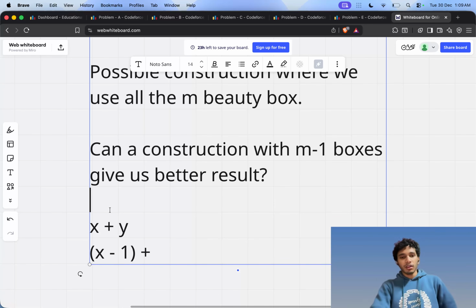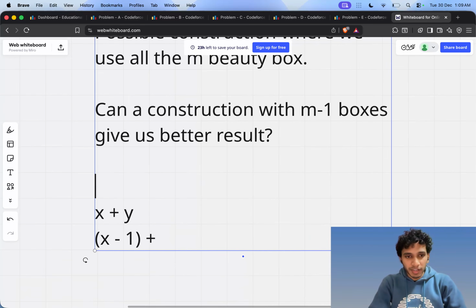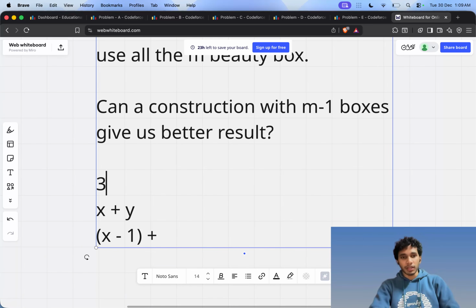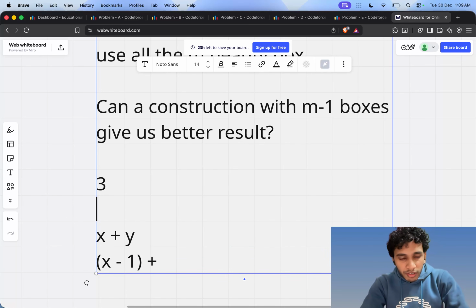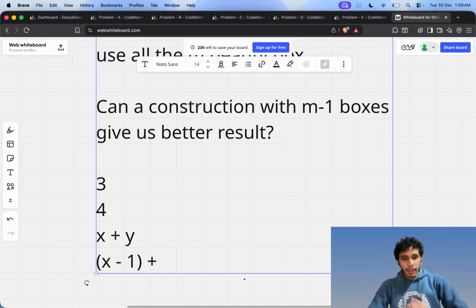Let's say after making all the y friends happy, we are left over with 3 coins, and the beauty which we removed just now was such a friend which required 4 beauty and 3 coins to be made happy.